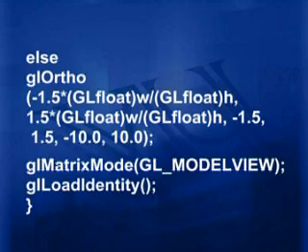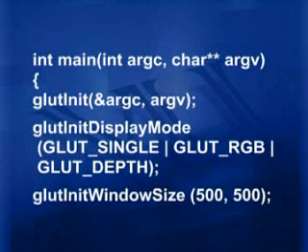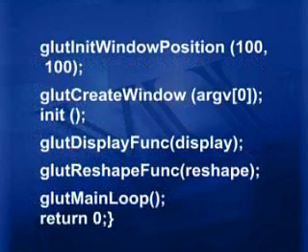GL load identity. Now coming to the main function, we have a call to glut init with argc and argv passed as parameters, ampersand argc and argv. Glut init display mode, glut single, glut RGB, glut depth are passed as parameters. Glut init window size is specified to be 500, 500. Glut init window position is specified as 100, 100.